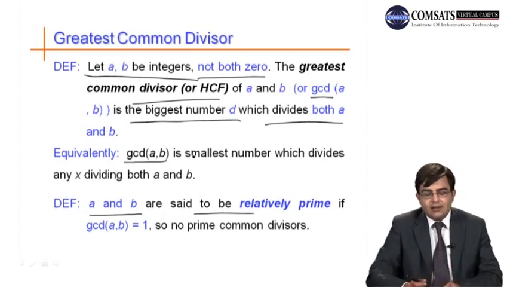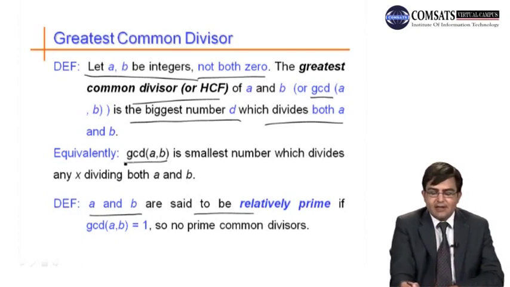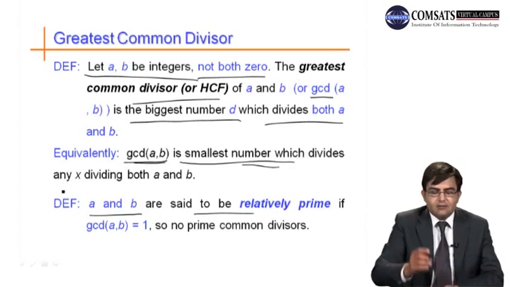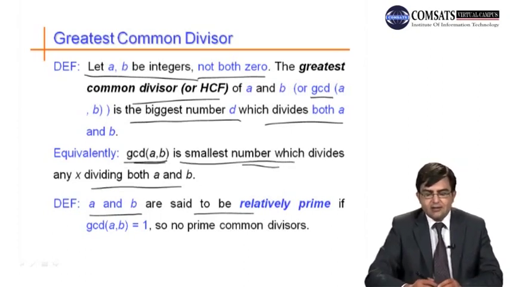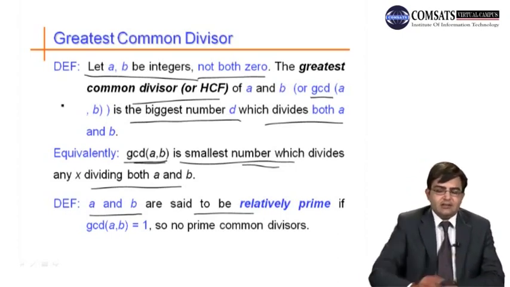Another definition of the GCD: it is the number such that if there is some other number x which divides both a and b, then the greatest common divisor divides that number also. So this is basically the equivalent form of the definition of the GCD.